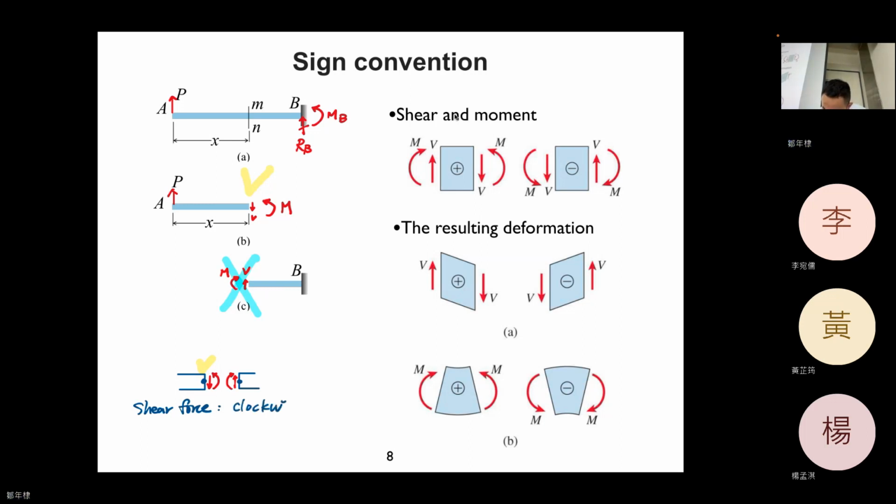Shear force clockwise about the point is positive. Okay? And moment, how to say that?